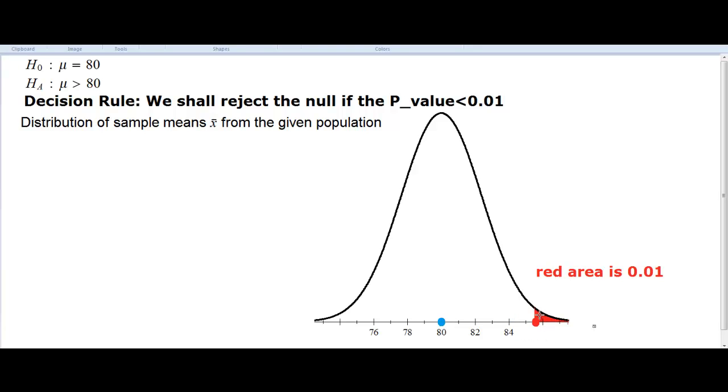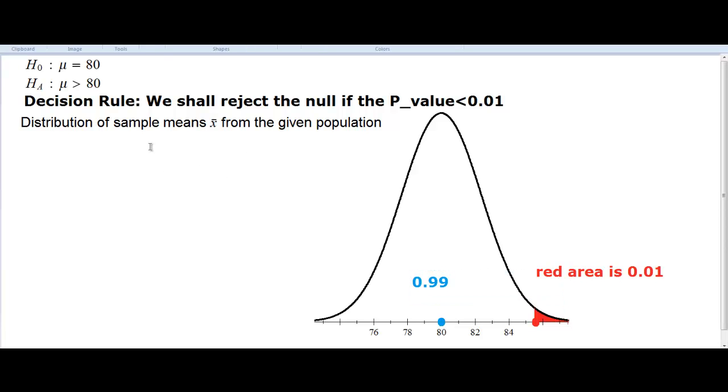The area to the right of this value is 0.01. So what will be the area to the left of this value? 0.99. That is, we are going to look for the 99th percentile of this distribution, whose mean is 80.